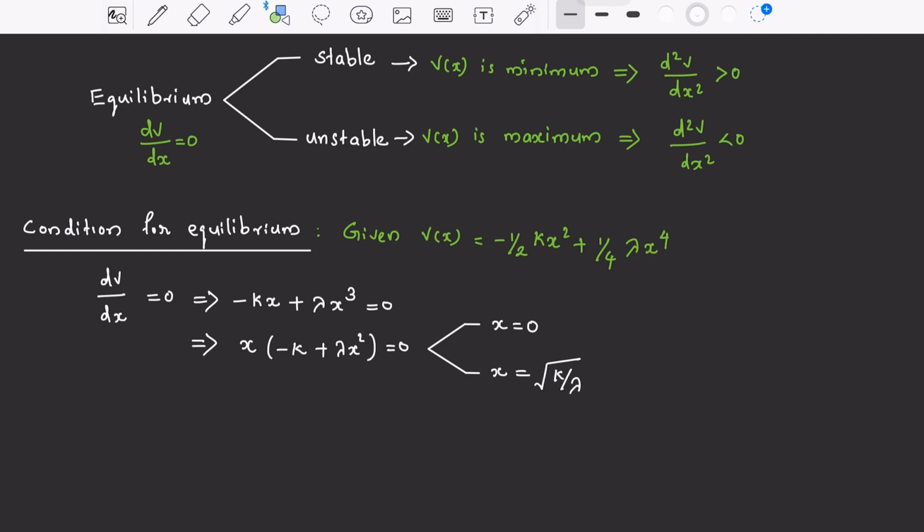One is x equal to 0 and another is x equal to root of k by lambda. These two points are equilibrium points. Now what kind of equilibrium is it? For that we need to check the second derivative of the potential. If it is greater than 0, that is a stable equilibrium, and if it is less than 0, it is an unstable equilibrium.